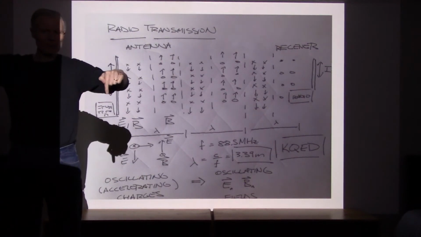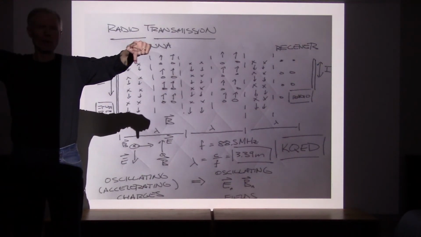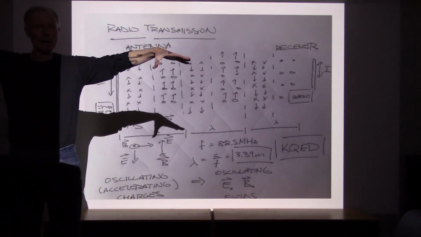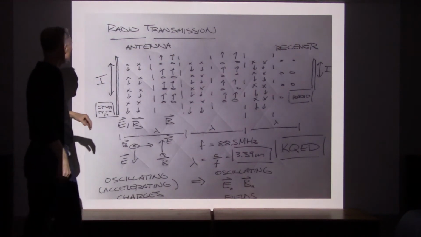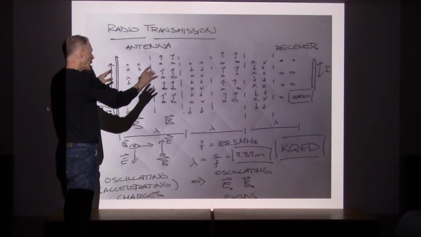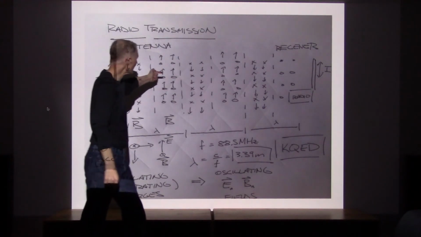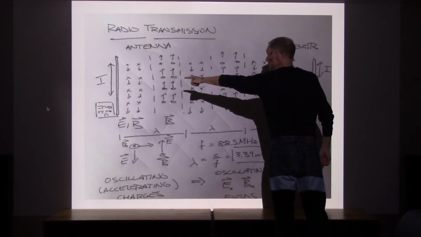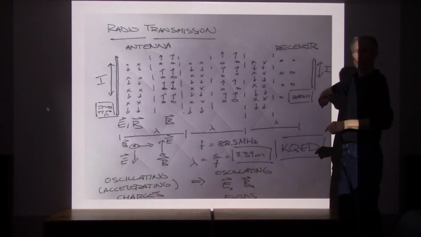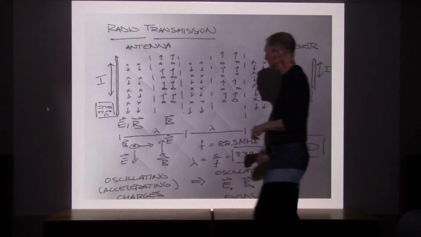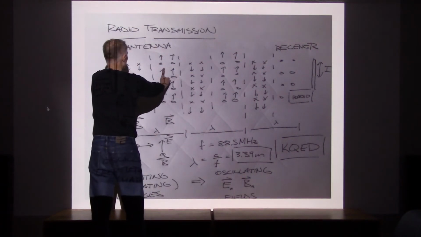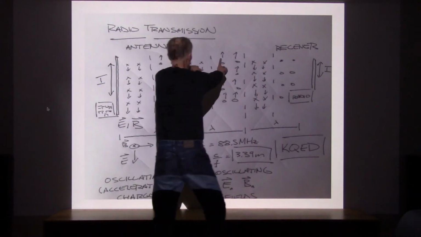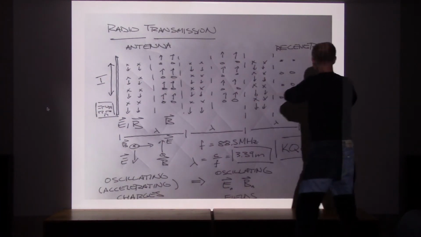The electric field is going to radiate away from that antenna in all directions. And if I take a snapshot of the electric and magnetic field between where the broadcast antenna is and where the receiver antenna is, what I'm going to see is a pattern of different orientations for the electric field, right?